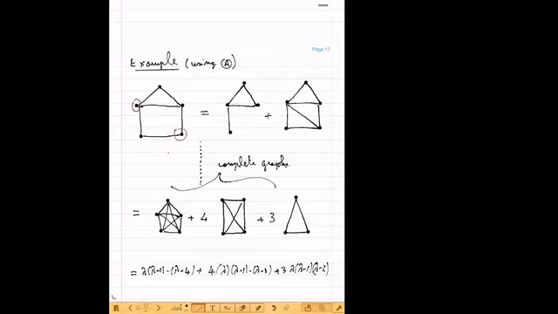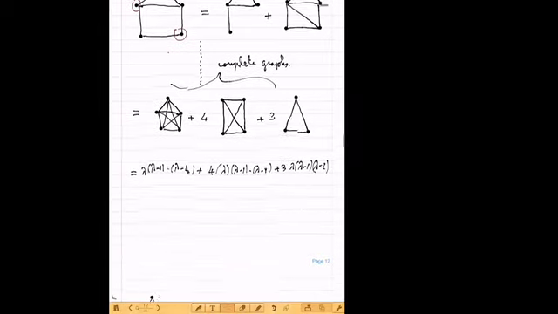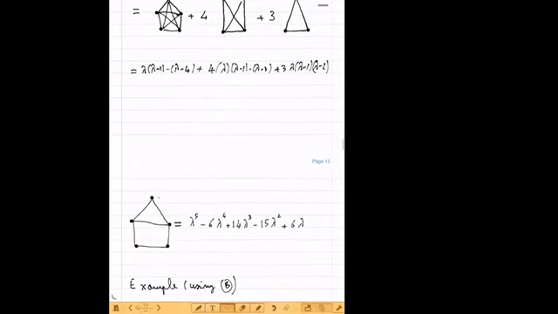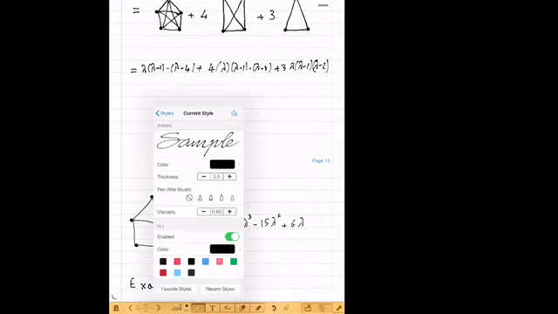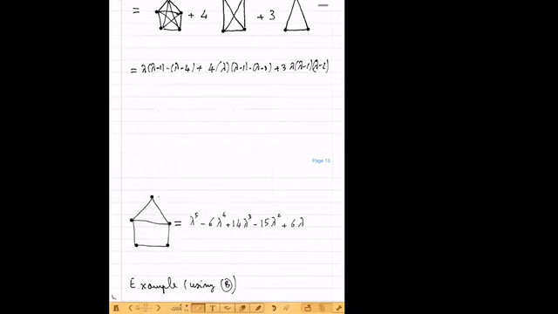If we multiply all of this together, we end up with the polynomial. Now you realize why they're called chromatic polynomials, because those functions are actually polynomials.